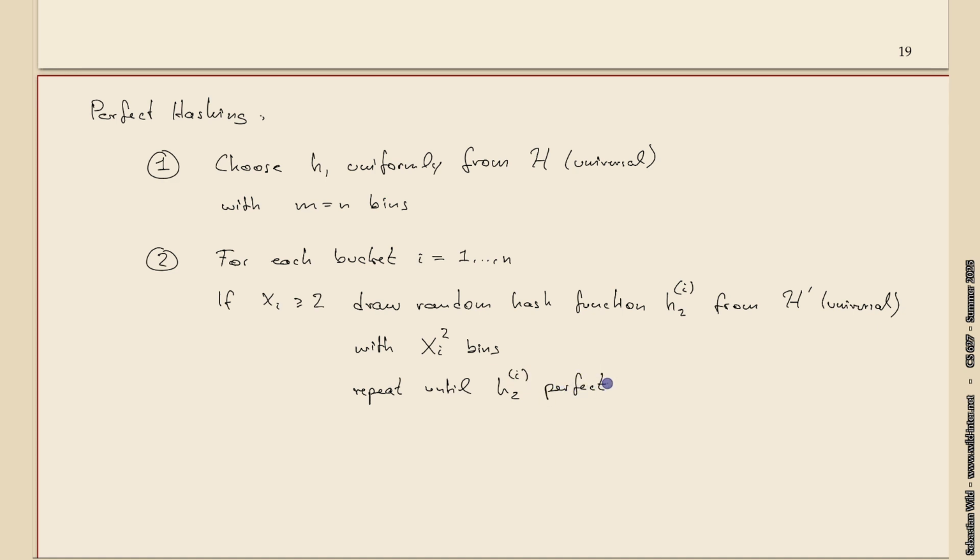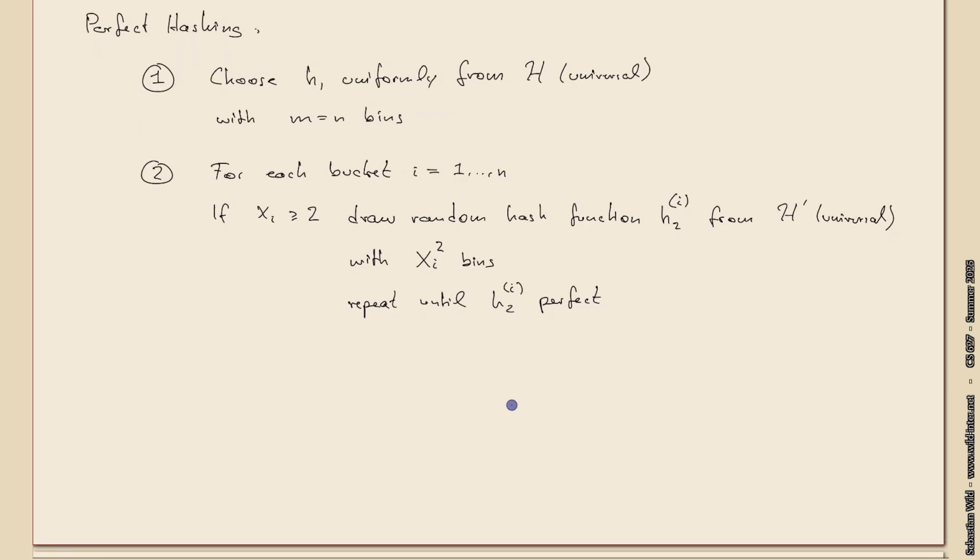And that's the part we already analyzed. That takes a constant number of repetitions in expectation. And that's all. So the output then is the hash function that we get from the inserting. So we output this as a function, plus the hash tables. I guess we just built the hash table.